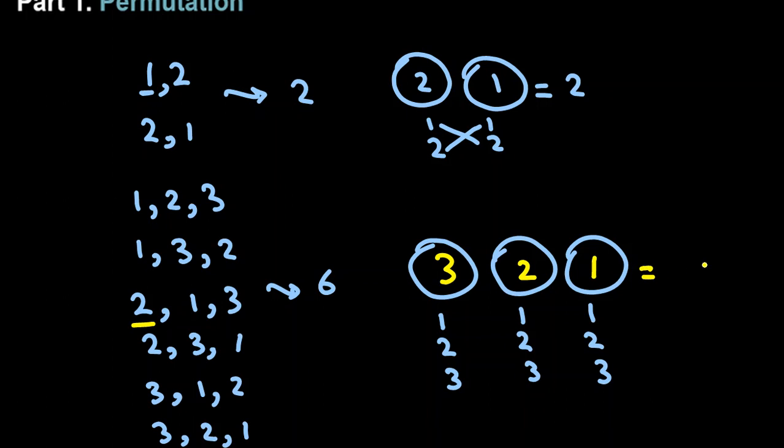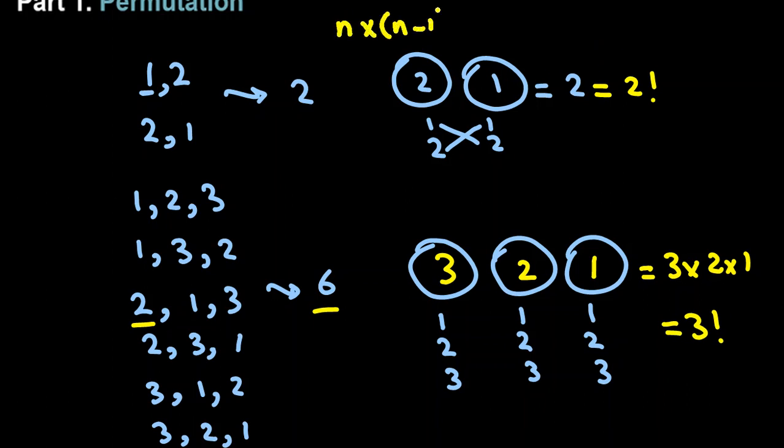So 3 times 2 times 1 will be 6, as we reached here. But there is a sign: you say it's 3 factorial, and you call this 2 factorial. You define this sign: if you have n times n minus 1 times down to 2 times 1, it is n factorial. So permutation is finished.